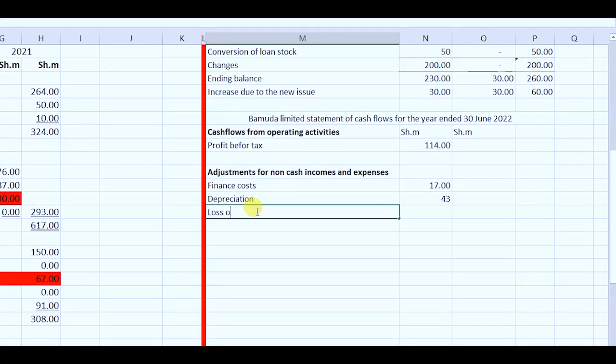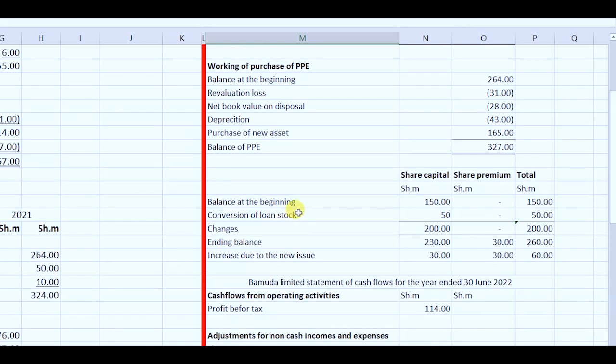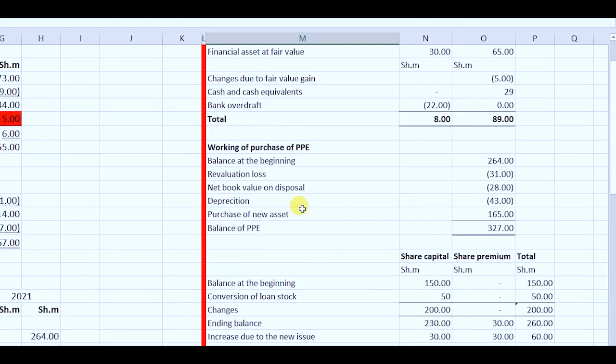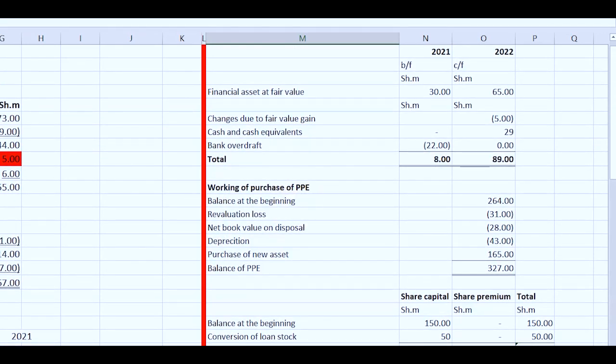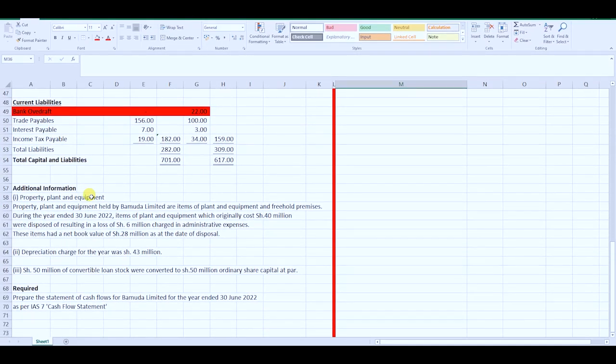Then we select loss on disposal of PPE. So do we have any working on PPE? We don't have anything from our working. So we can check the additional information right over here.